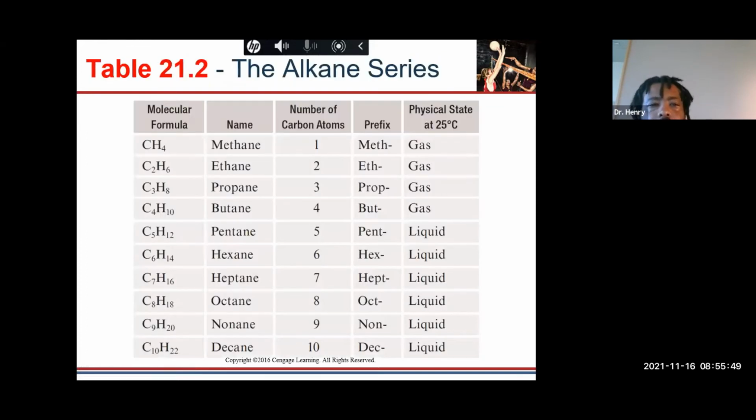So we've already talked about if there's only one carbon, then it's called methane, and meth is the prefix, 2 eth, 3 prop, 4 but, 5 pent, 6 hex, 7 hept, 8 oct, 9 non, 10 dec.